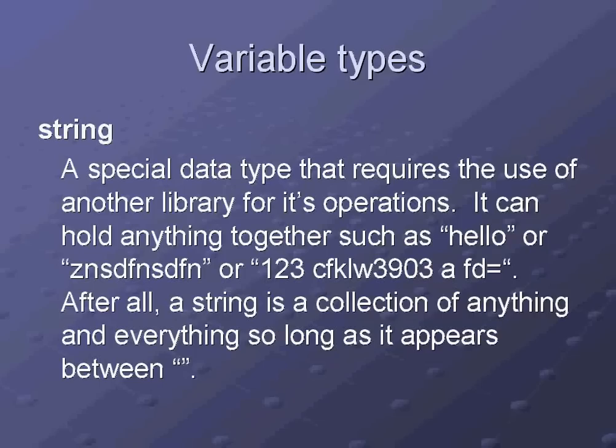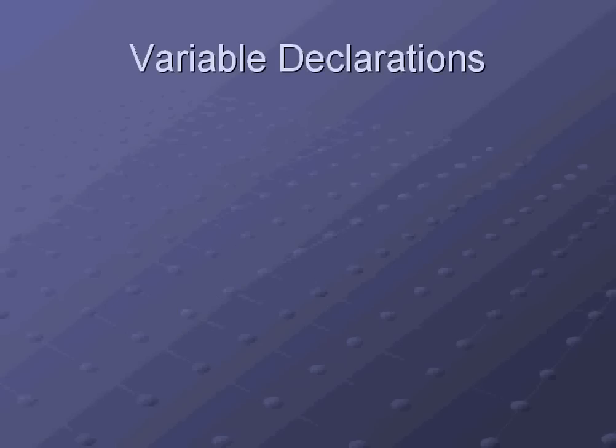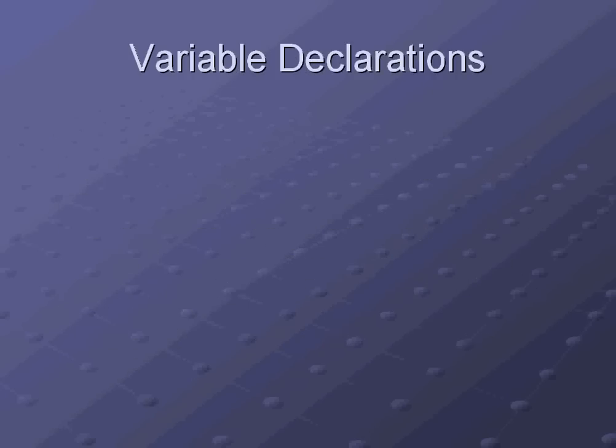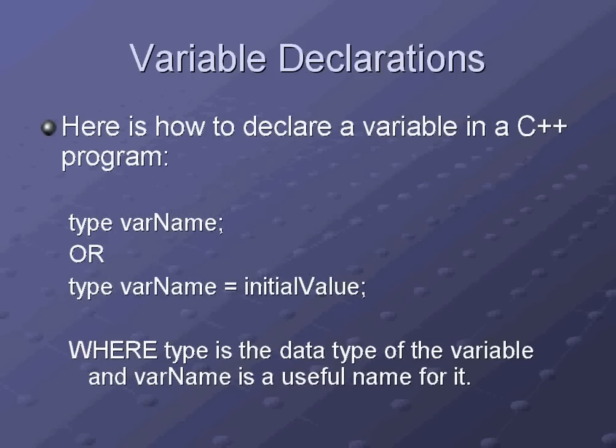Alright, so now that we know the types of variables, how do we declare them? Well, simple. We can have the data type followed by its name, semicolon, or the type followed by its name, which is assigned an initial value. Back up here, excuse me, that was an error on my part, sorry. And again in the above, type is the data type of the variable, and var name is certainly a useful name for it.